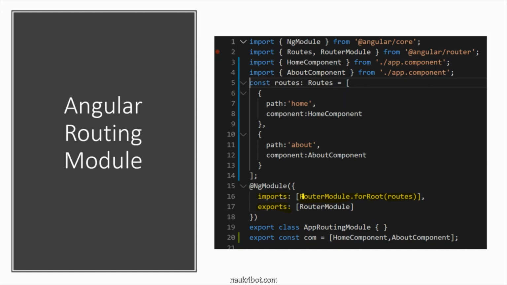Whenever we create a root routing module, RouterModule dot forRoot will always come by default, and inside this method we need to pass our routes. So what are these routes? We have defined one variable of constant type, routes, and the type of routes is Routes, with a capital R, from Angular.